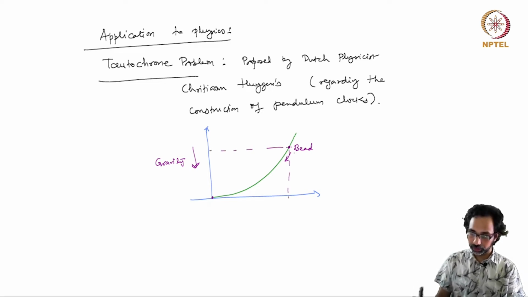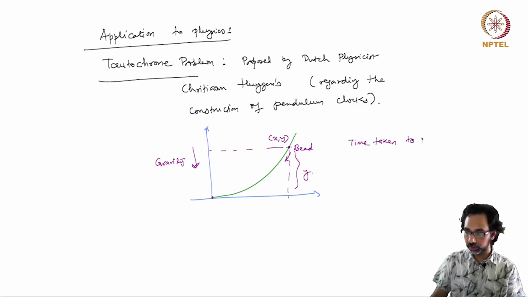Let's call this point (x, y), so the height is simply y, and the time taken to slide down to the point (0,0) is denoted T(y).